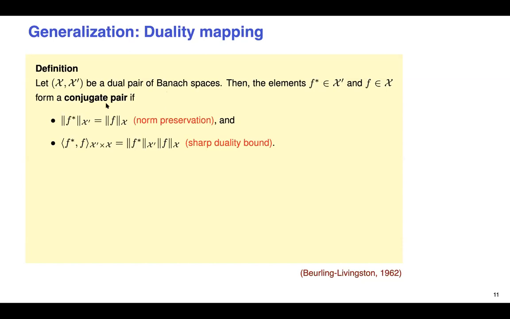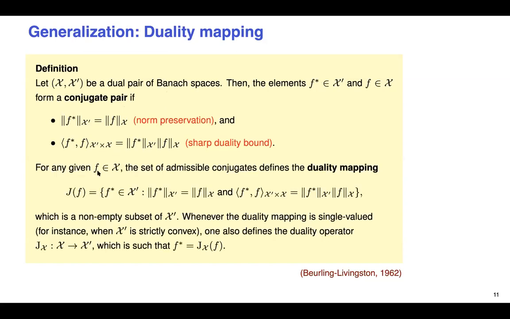We say they form a conjugate pair if, exactly like before, we have norm preservation and a sharp duality bound, where instead of inequality we have equality. Then we say that F star and F are Banach conjugates.